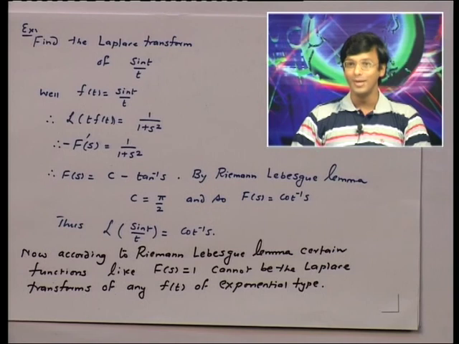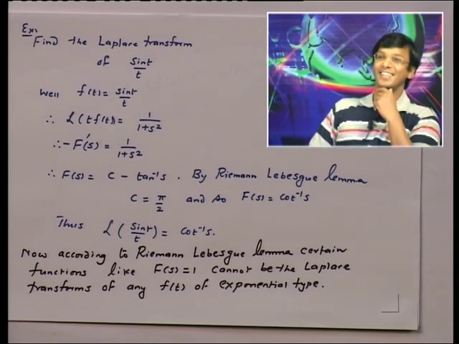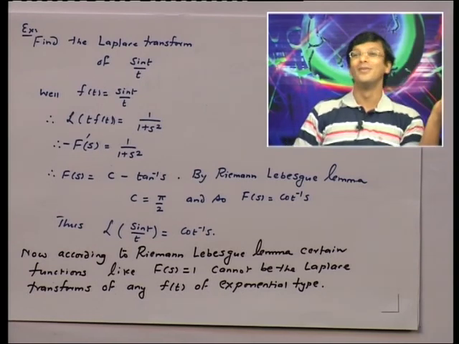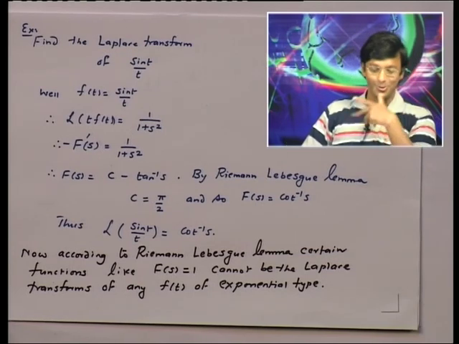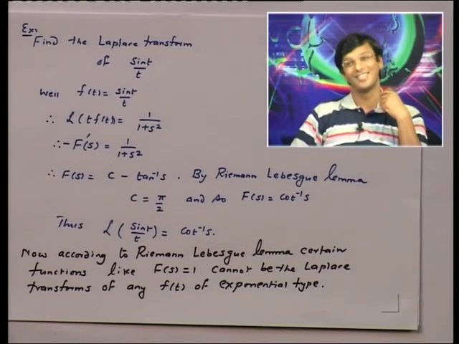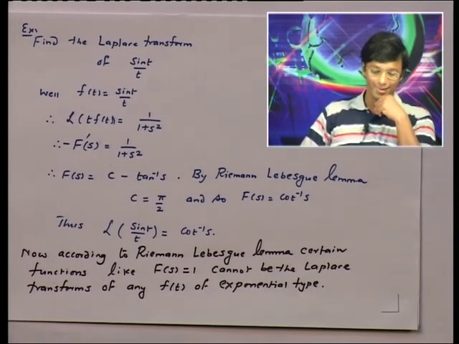So, you will need the Riemann-Lebesgue lemma for actually determining constants of integration sometimes, and this is also a typical use of boundary conditions, right. Riemann-Lebesgue lemma is a boundary condition. Use the boundary condition for finding the constant, correct.